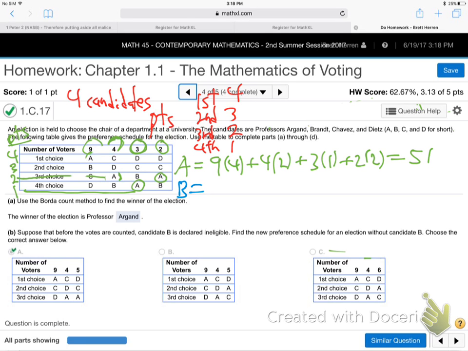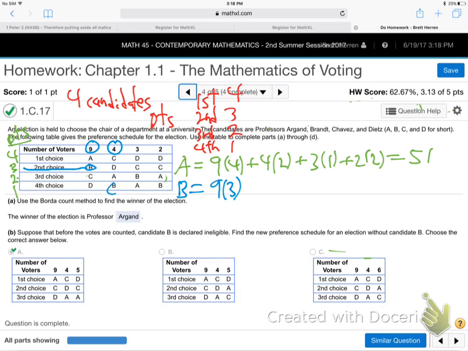So if we do B, nine people times 3 points. Good so far? Those 9 people each put B second, which is a 3-point thing.